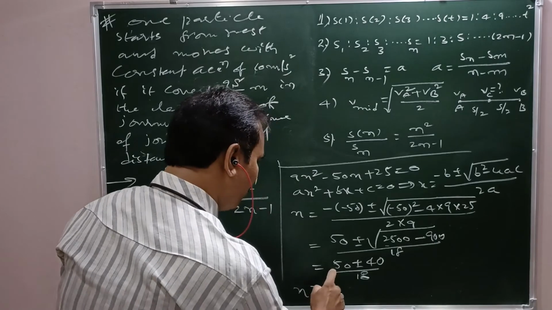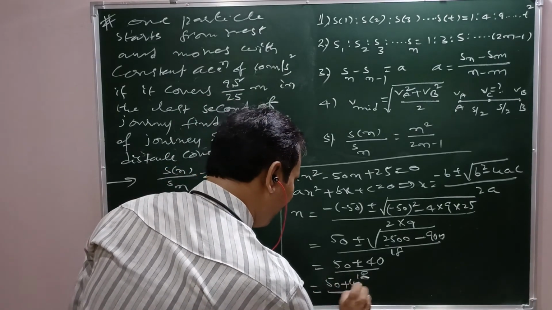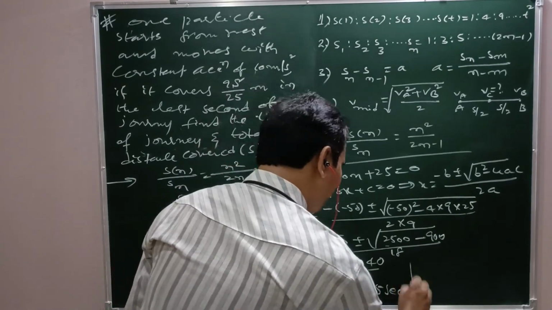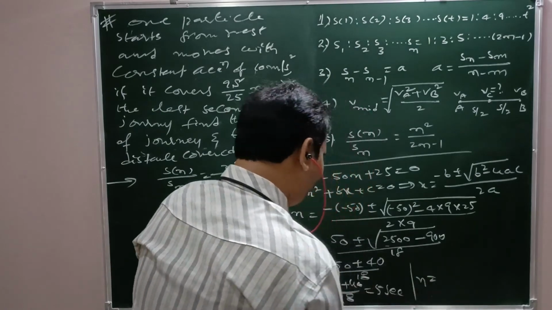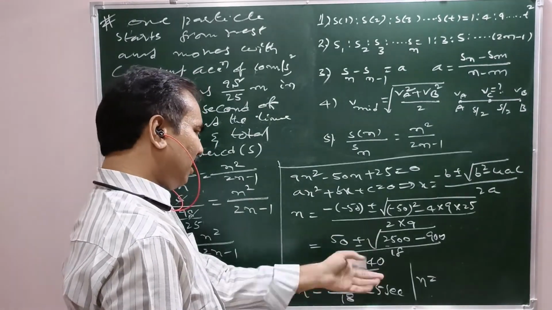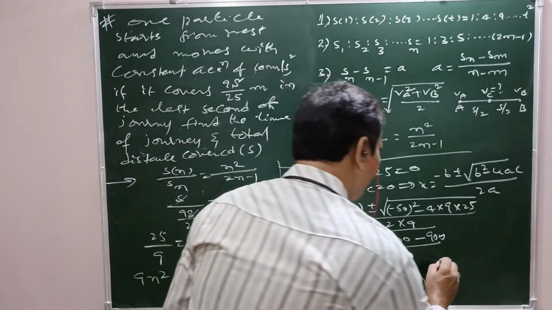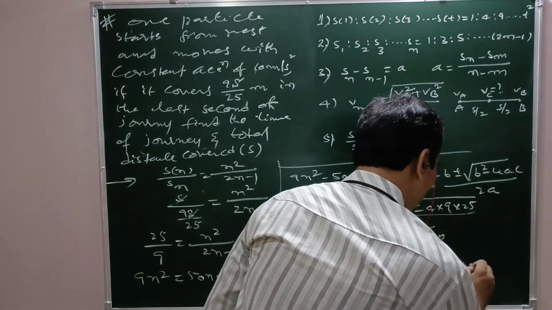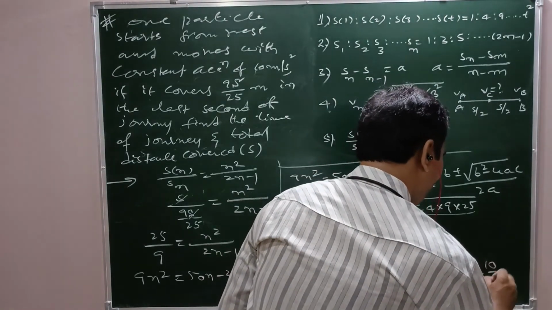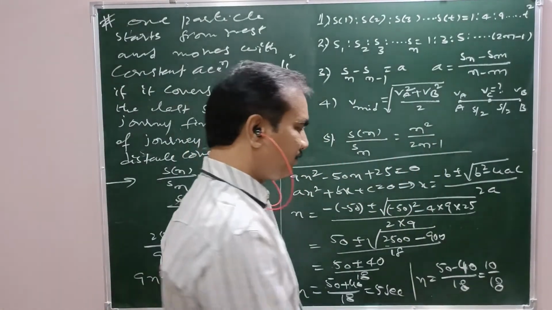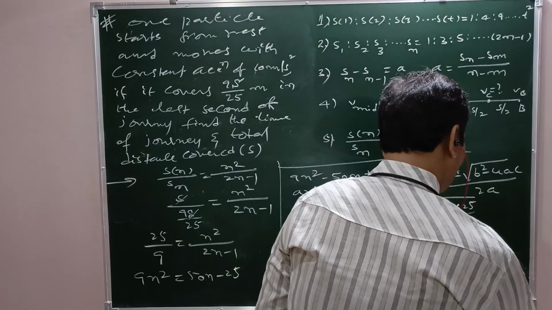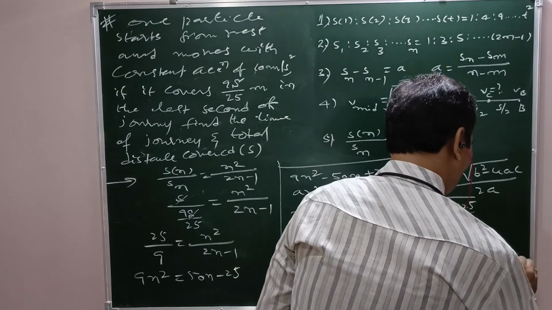So n equals either 50 plus 40 by 18, that is 90 by 18, 5 seconds. Otherwise, n equals 50 minus 40 by 18, 50 minus 40 means 10, 10 by 18, which is less than 1 second.